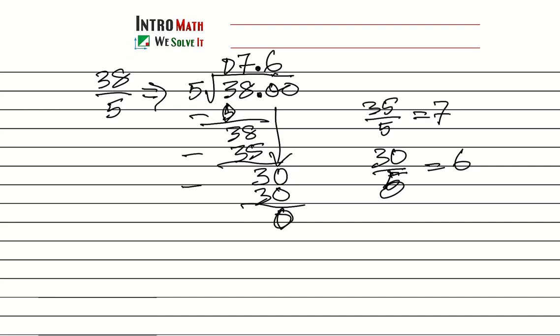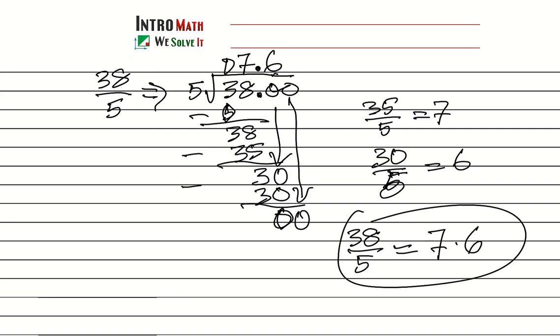We can bring that 0 down, but it's not going to do us any good. Basically, we're done. Once you get 0, that's a clue that you're done. Okay, so then we'll say 38/5, converted to decimal, is the same thing as 7.6. And then we're done with that one.